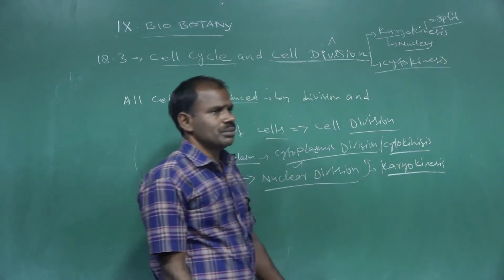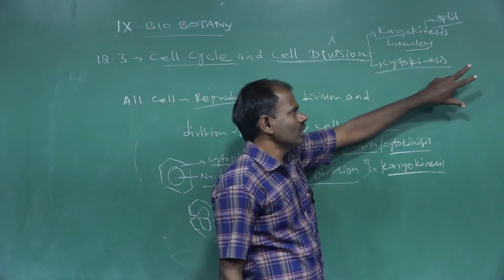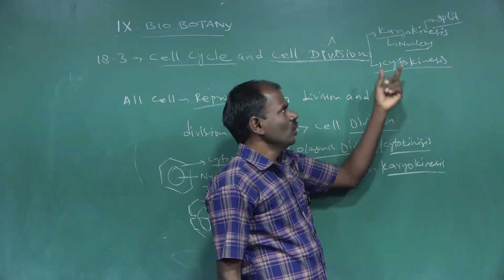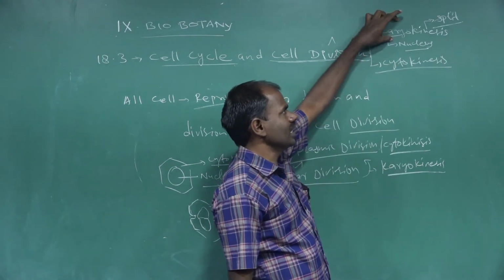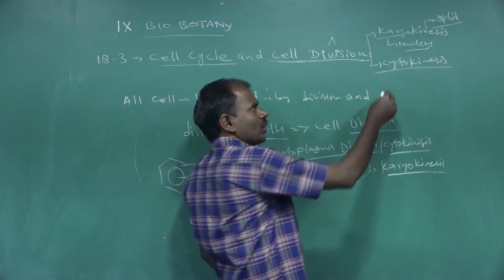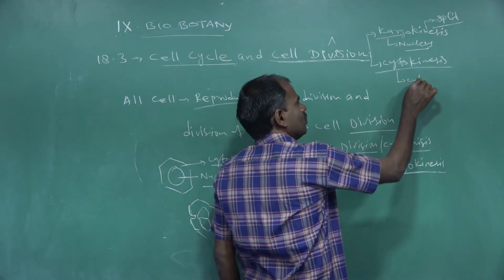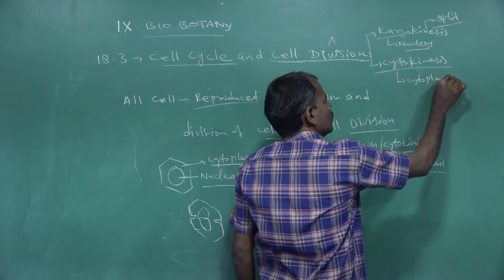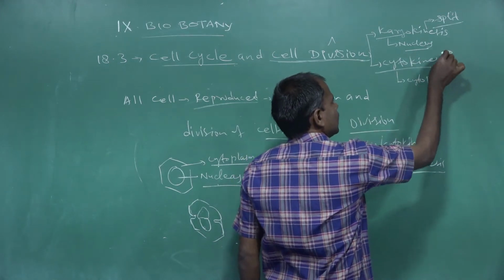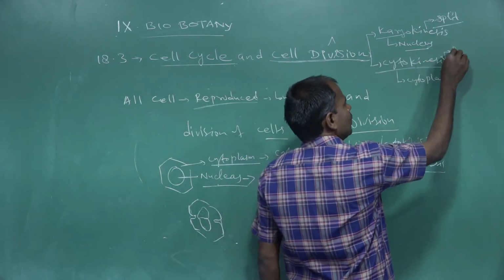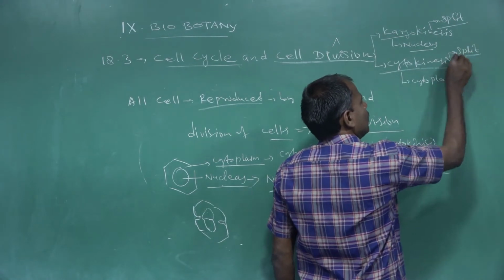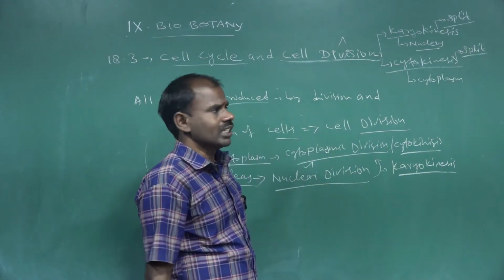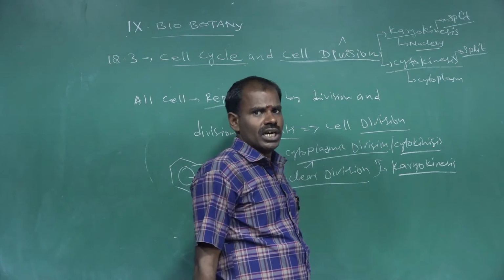One cell divides into two nuclei; this division occurs in karyokinesis. Cyto refers to cytoplasm, and the split of the cytoplasm into two occurs in cytokinesis.